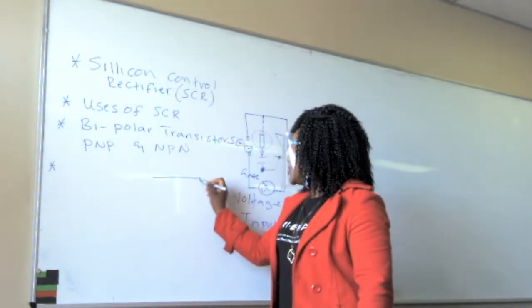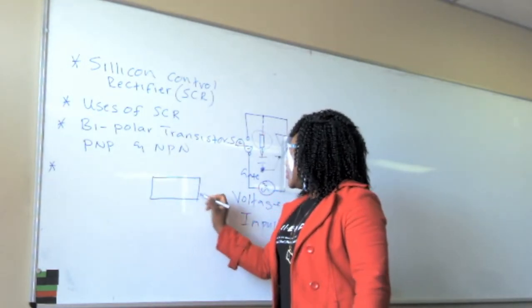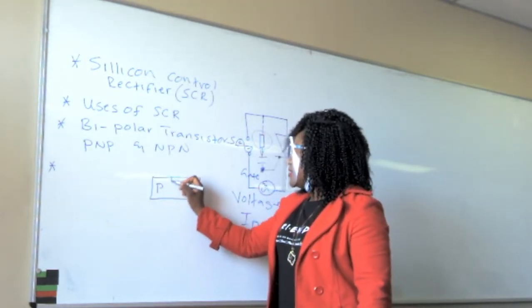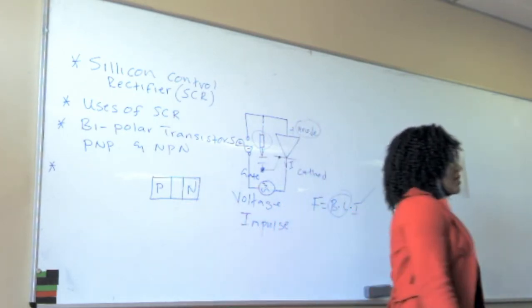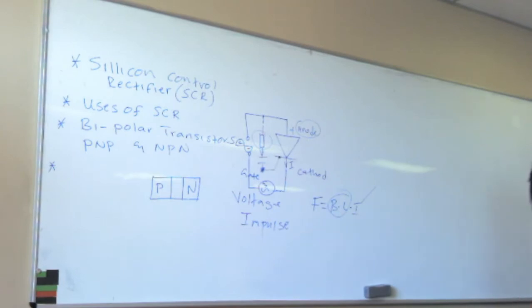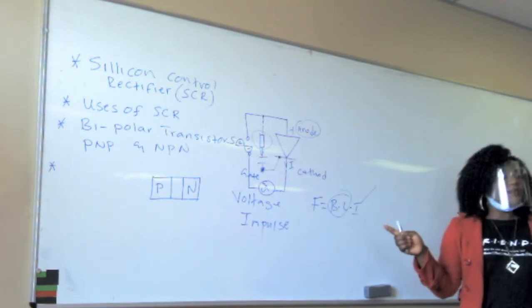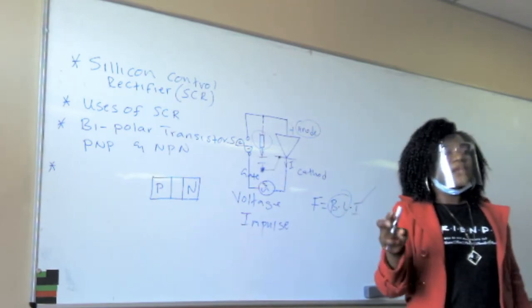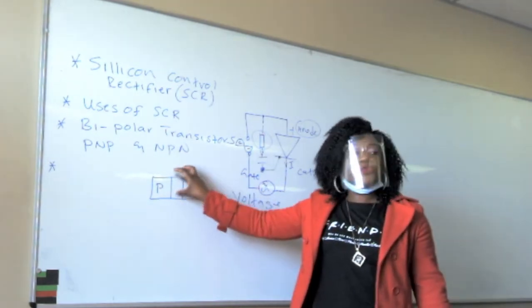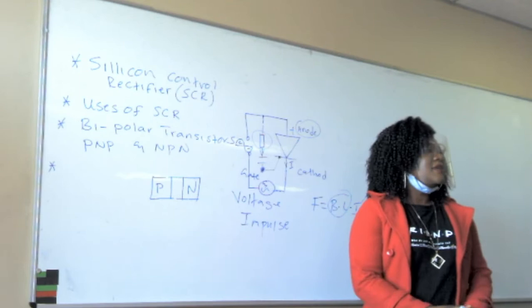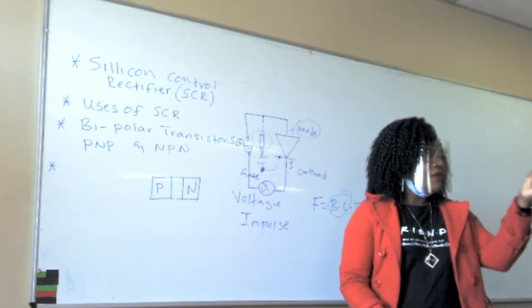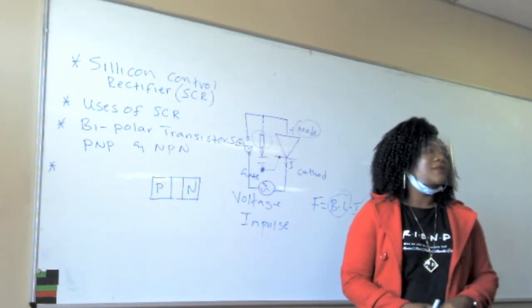It's got positive, then there's a depletion layer, and then negative. Do you recall that? It's not a bipolar, this one. Bipolar means that you are going to have two of these combined together. A transistor is like two diodes combined together.